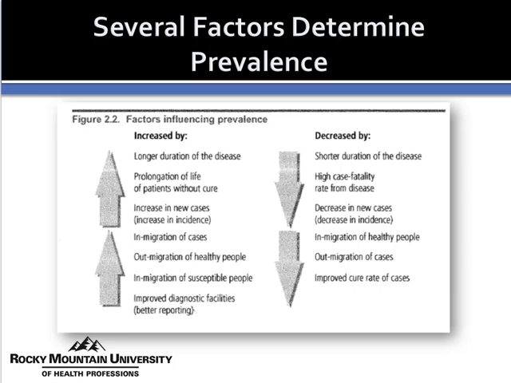If the condition is severe, people may die before you get a chance to count them. If the condition is of short duration, the same thing. People may get better before you can count them.